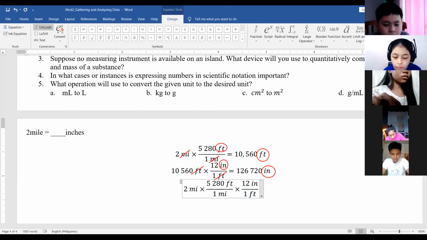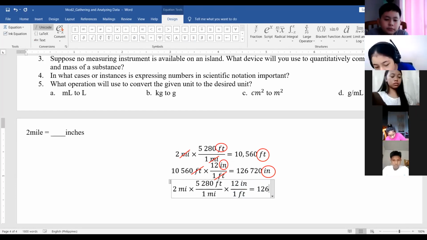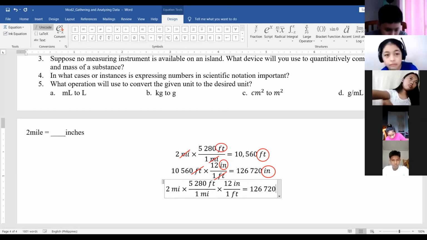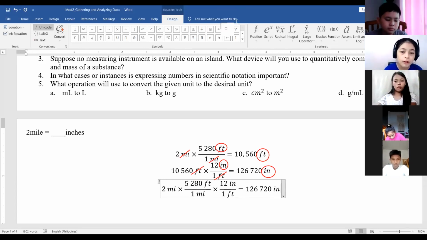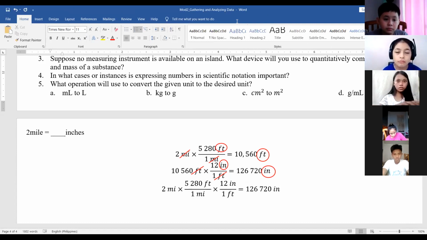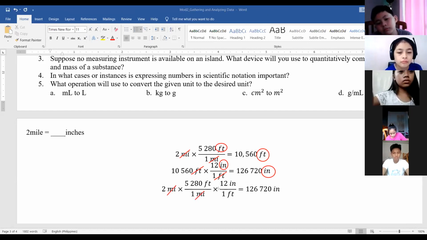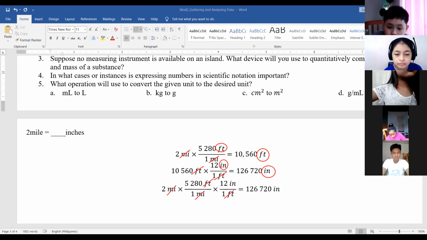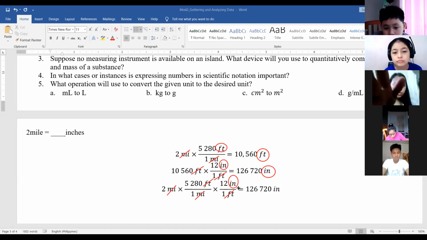So the answer there would be 126,720. If you look at this solution, class, the cancellation of units happens here. You cancel the mile, numerator over denominator, you cancel the feet, numerator over denominator, and now you're left with the final unit, which is inches.